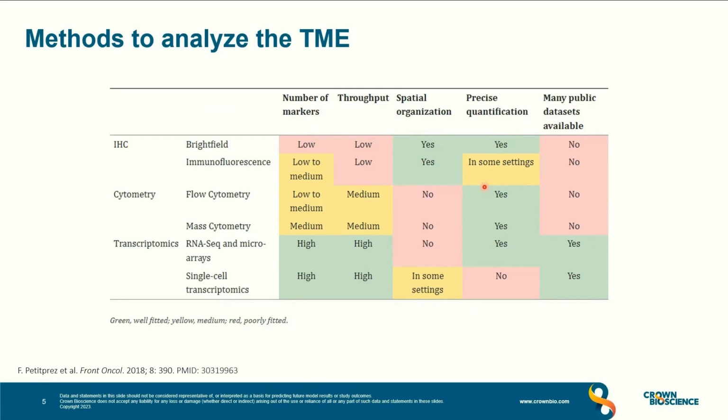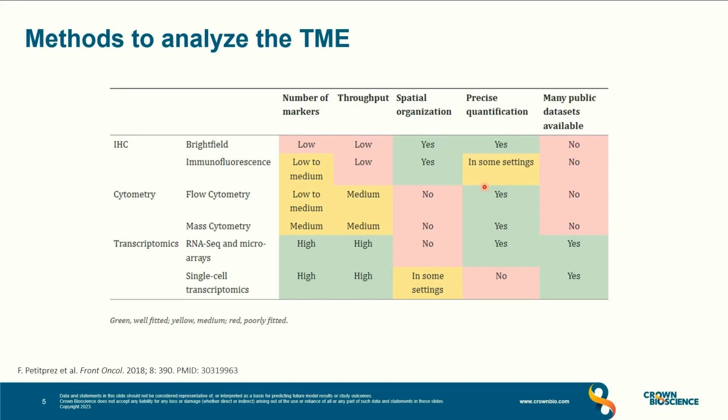Several methods are established in the clinical and research practice to characterize the TME. Immunohistochemistry and immunofluorescence are used a lot, as they're relatively less expensive and preserve the spatial organization of the tumor. However, the throughput of these techniques is quite low, and the number of markers is limited.